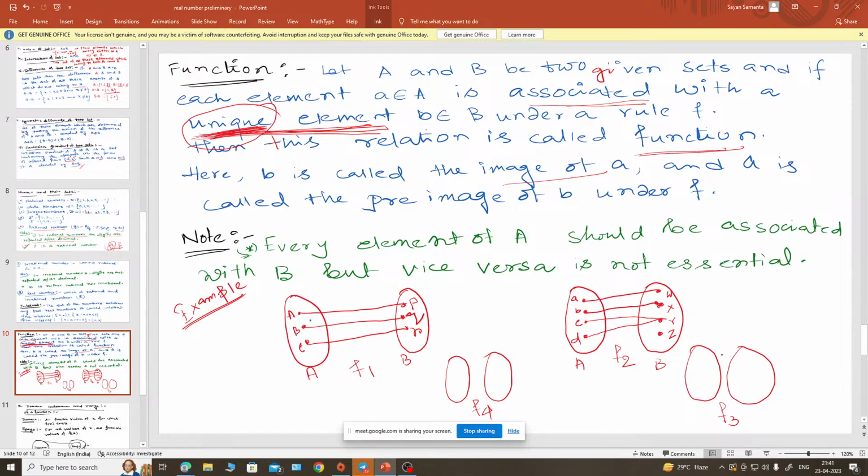And here we can also see that F3 function, not a function I called firstly.